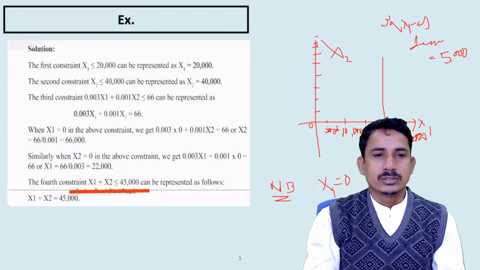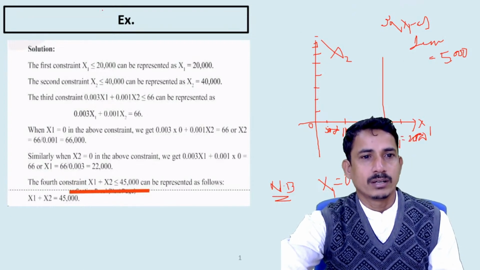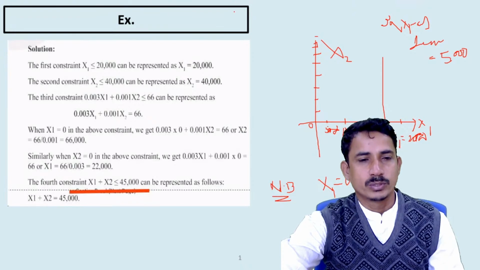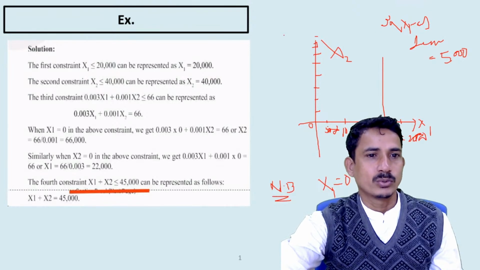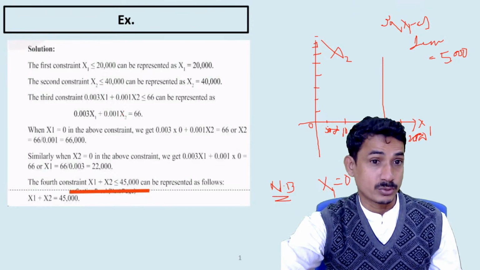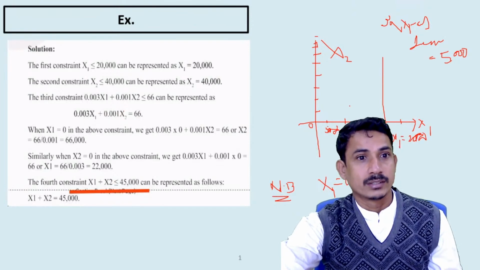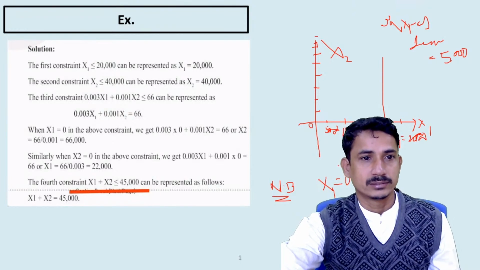And in the third equation, 0.003 x1 plus 0.001 x2 equals 66. Like this, you take the value of x1 as 0 and you can get the value of x2. Similarly, you take x2 as 0 and you can get the value of x1. You take those points and join them, and you can form the line.